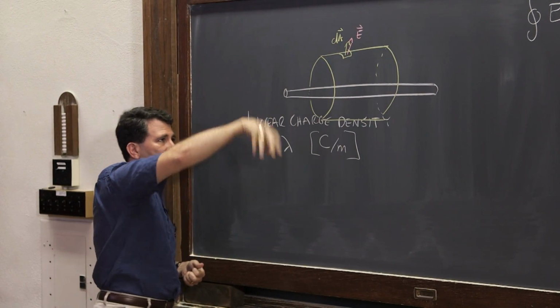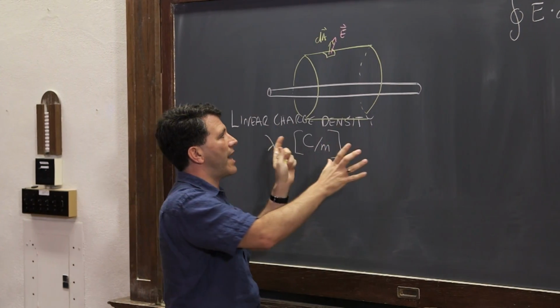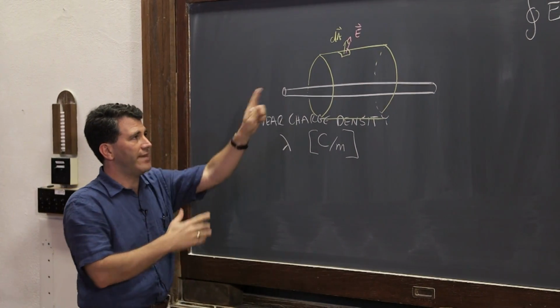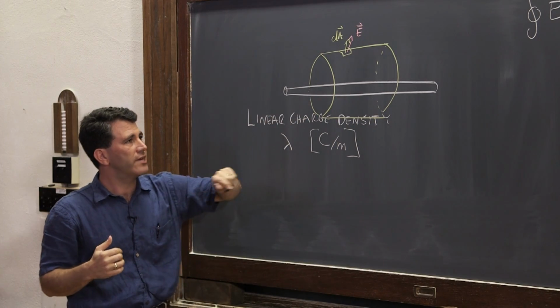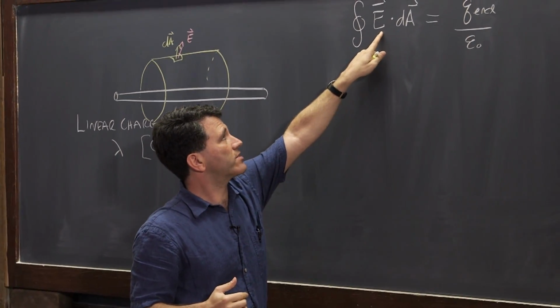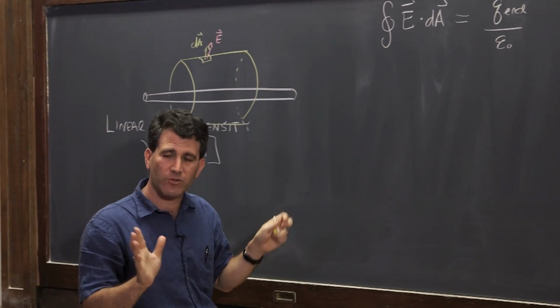We're going to take E dot dA everywhere and add it all up, and then we will set the result of that. If we're careful about keeping track of our closed surface, we have to define the ends of our cylinder too. Then we will know how much charge is enclosed, and we will in fact be able to do something very clever because of symmetry and basically pull the electric field out of the integral if we set our geometry up properly.